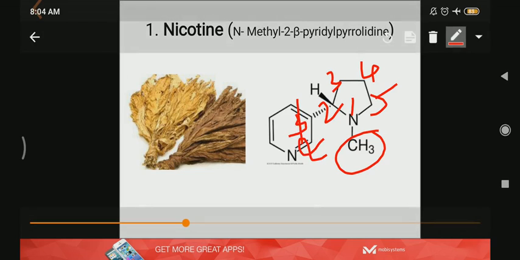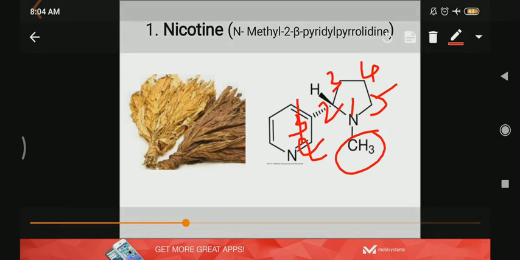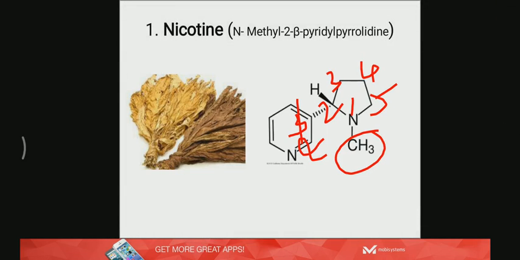So the substitution is on the beta carbon of pyridine, so it is beta-pyridyl, and that is on the second carbon of the pyrrolidine ring. So that is how the name comes. It is not important to learn the name, but using the name you can remember the structure. Okay, so this is the structure. You should practice drawing the structure.